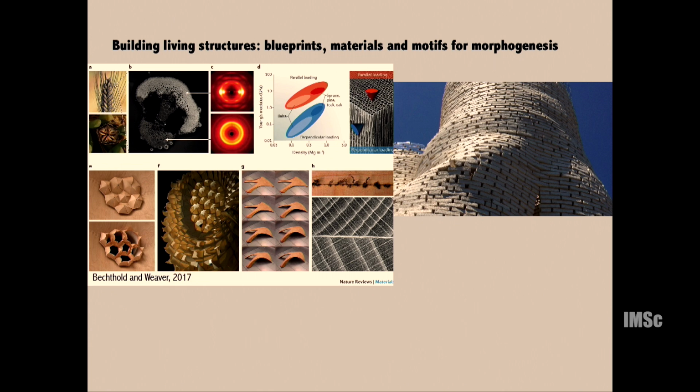What you see here is from a review in Nature Reviews Materials that looks at the properties of materials used in construction, but are actually biologically derived, right? So here you can see the living structures from which some of the materials we're talking about have been derived.